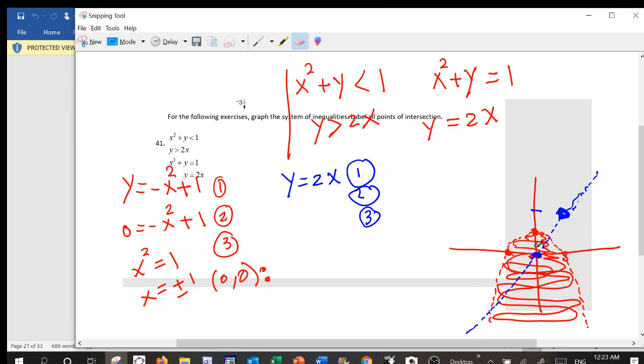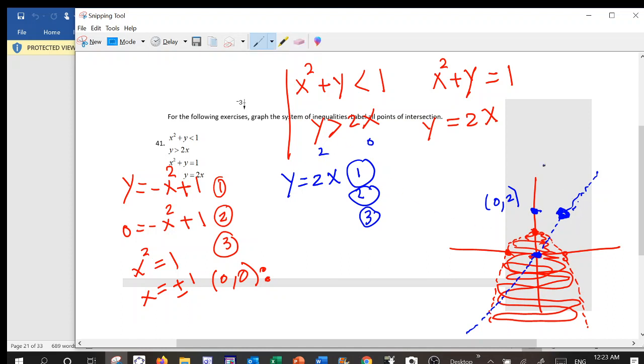To do the third one, the blue one divides the plane into two parts. Let's pick this point, which for sure is above the line, and that point is (0, 2), right? Does it work for this one? If I put 2 for y and 0 for x, is 2 greater than 0? Yes.